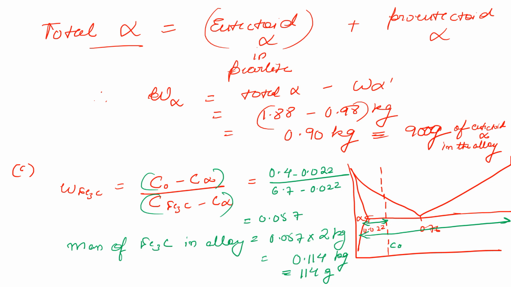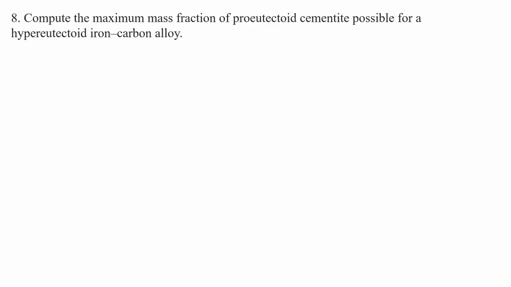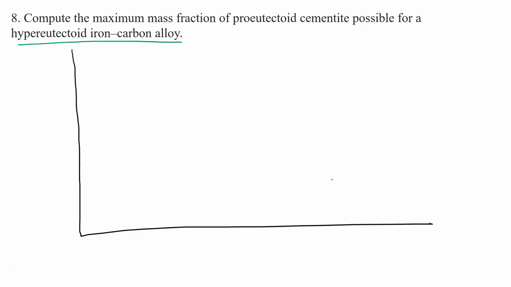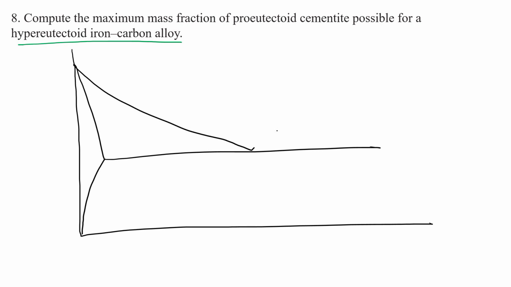So the next question, number 8. We have been asked, what is the maximum mass fraction of proeutectoid cementite possible for a hypereutectoid iron-carbon alloy? For this, we have to visualize something. Hypereutectoid lies above the eutectoid concentration here somewhere.